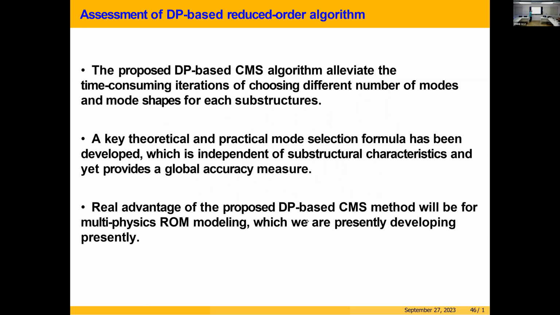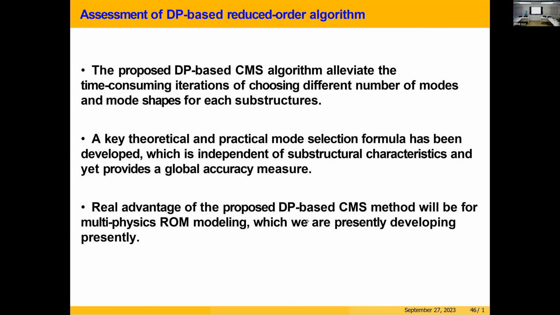We have to formulate the eigenvalue problem for using this DP philosophy for multiphysics problems, and we are working on it. And once we have that, all we have to do is solve the DP eigenvalue problem, and you have the modes and mode shapes for coupled systems. And I think that's it. This is the last one.